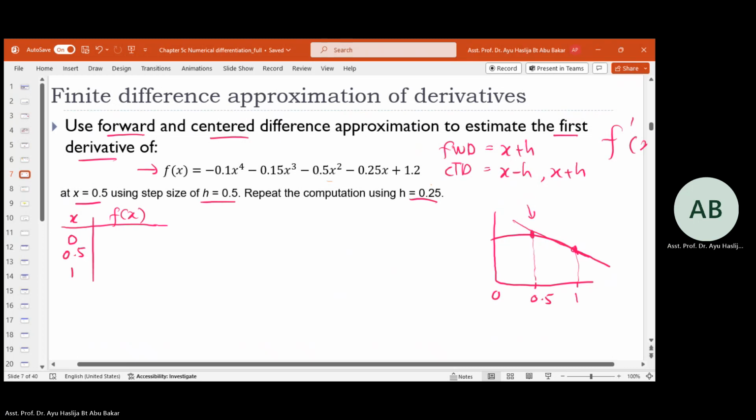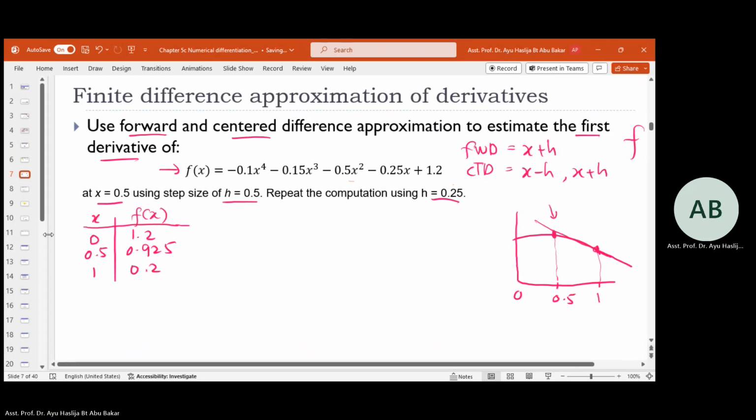Yes, correct. Okay, these are the fx values. Now remember, this is for h equals 0.5. Then it asks you to calculate the forward and centered.